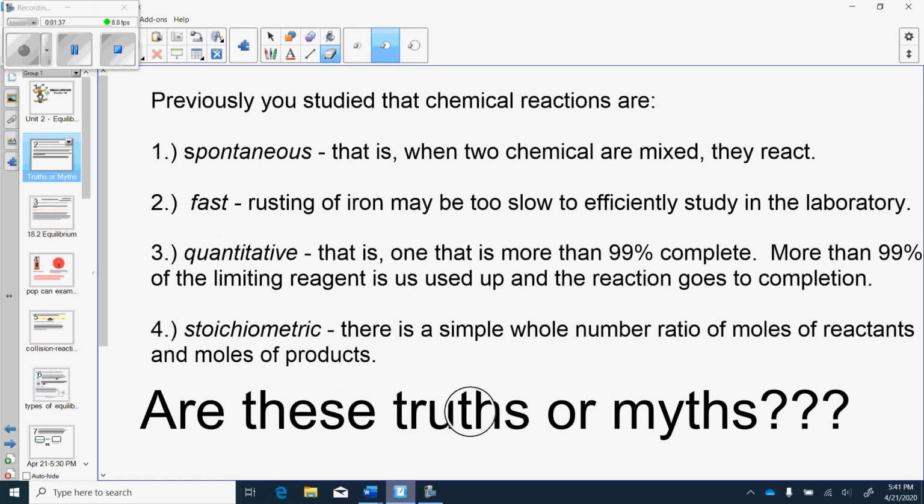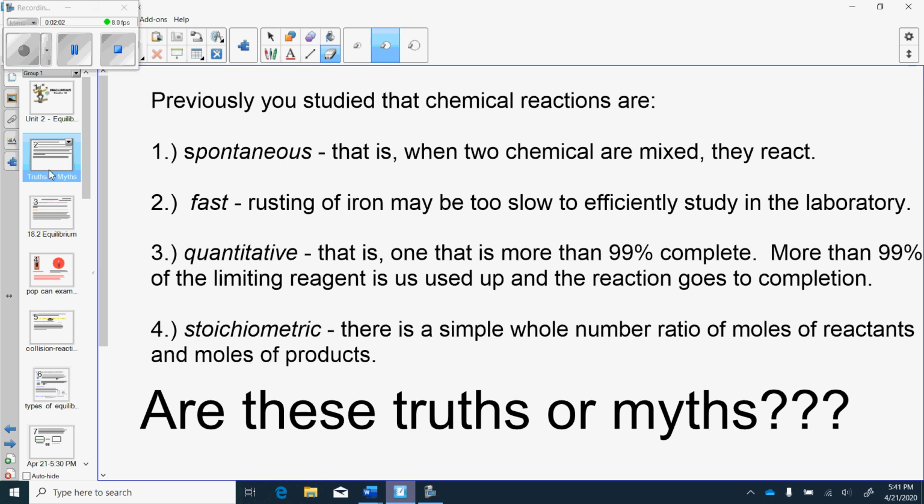If we had been in school, we would have done a lab to come up with this outcome. Today I'm here to tell you that some reactions are quantitative, but not all reactions are quantitative. Some reactions are reversible reactions, and that's what we're going to talk about today. And stoichiometric means we're using whole numbers for our coefficients.